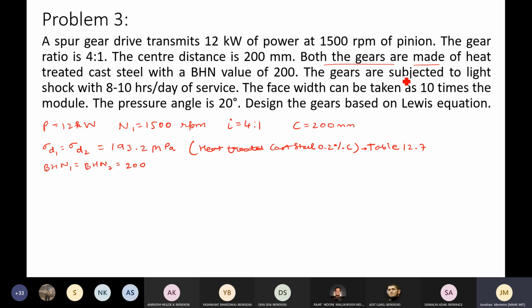The gears are subjected to light shock with 8 to 10 hours per day of service. So the CS value, according to table 12.8, comes to around 1.25 for light shock, 8 to 10 hours per day of service.